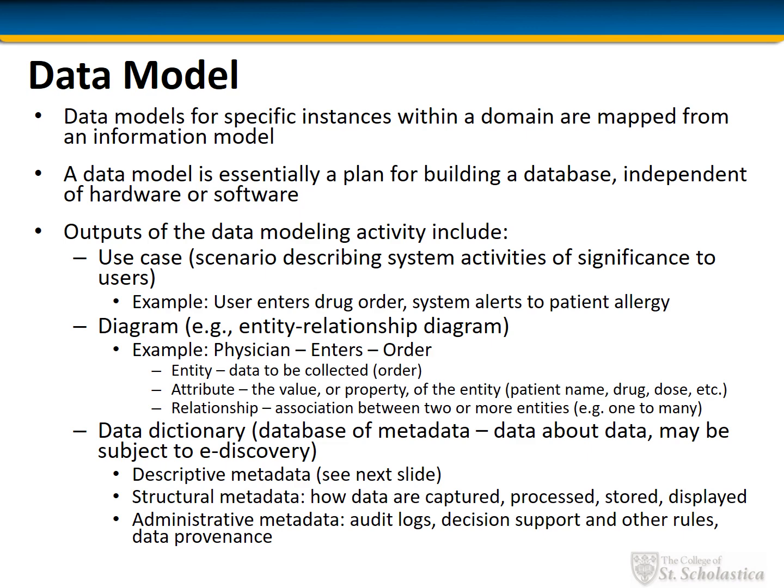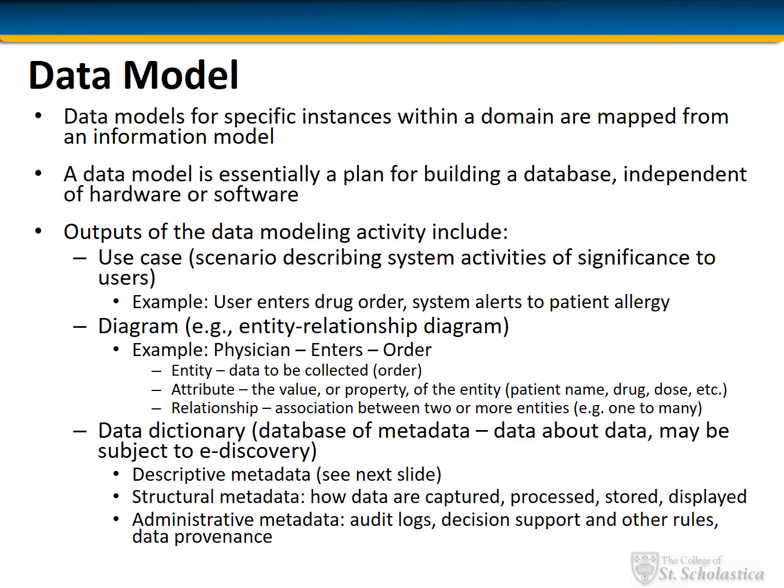A second output of data modeling may be an entity relationship diagram, which is constructed as an easy-to-read picture of the logical relationships between data to be collected, its properties, and relationships.